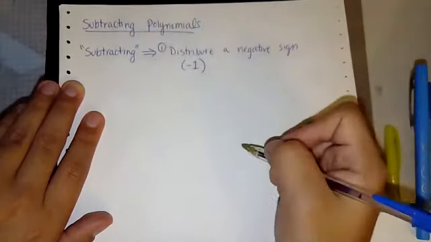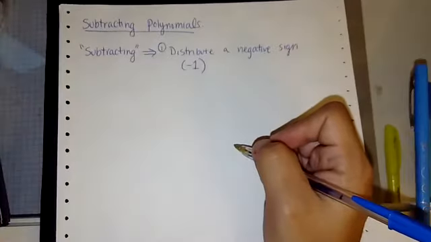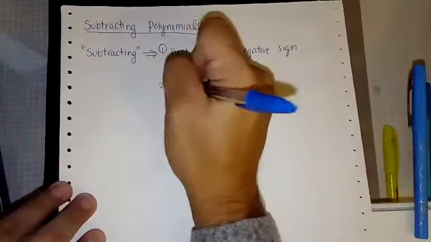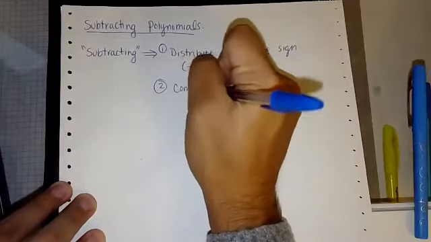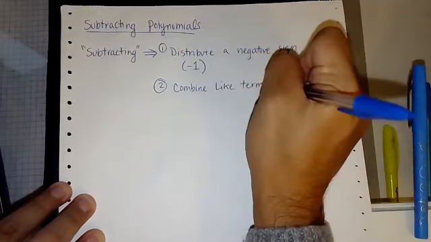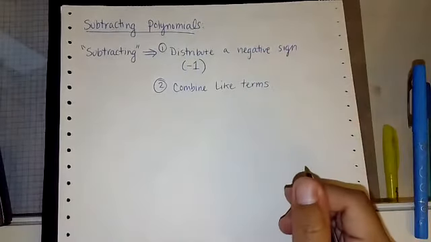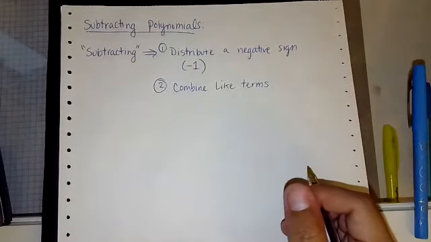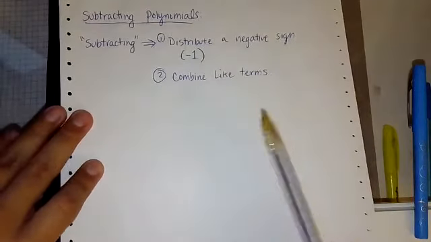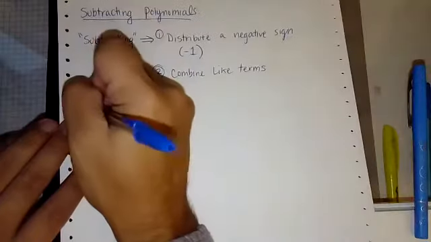That's going to be the first step. And then the second step will just be to combine like terms. So a little bit more complicated than adding, but fundamentally all you're doing is combining like terms. So this will make more sense if we jump in with some practice.